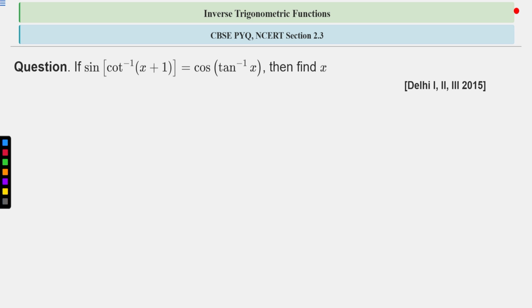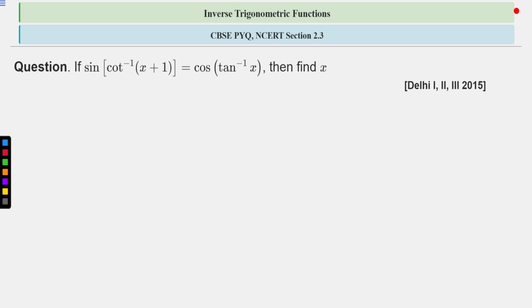The hint for this question is, see, we have sin of cot⁻¹(x + 1). Now we can write cot⁻¹(x + 1) in terms of sin⁻¹θ. Therefore, we can write sin(sin⁻¹θ) is equal to θ.